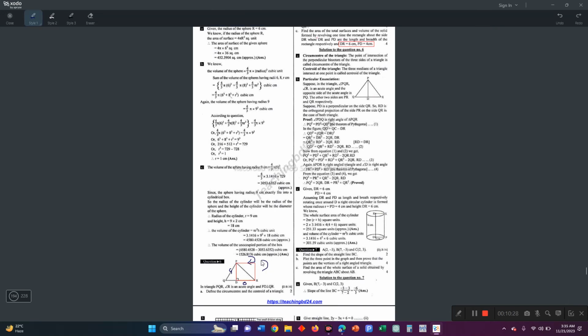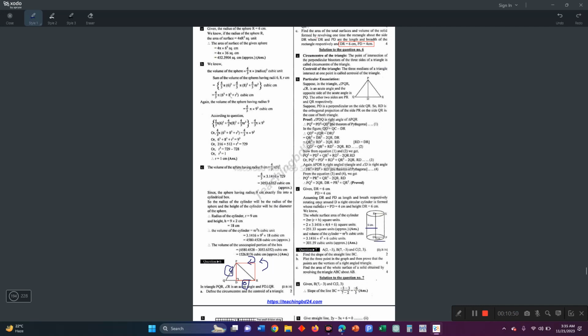We have to rotate it first. So 6 will be the length and 4 will be the radius. Then it will transform into a cylinder like this. And they have done this here, that is, the length of the cylinder is 6 centimeter and the radius of the cylinder is equal to 4 centimeter.